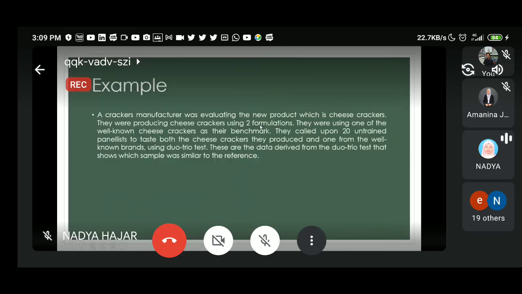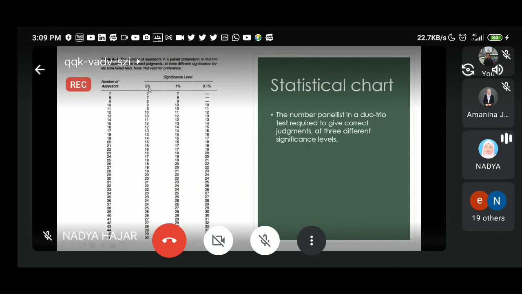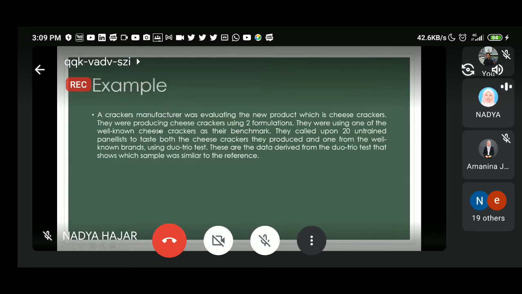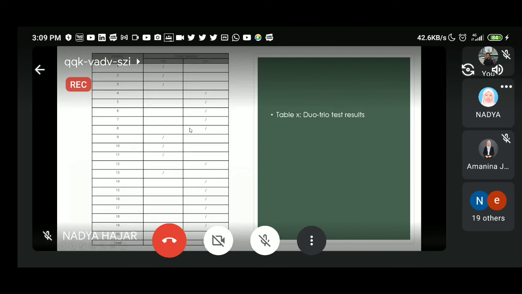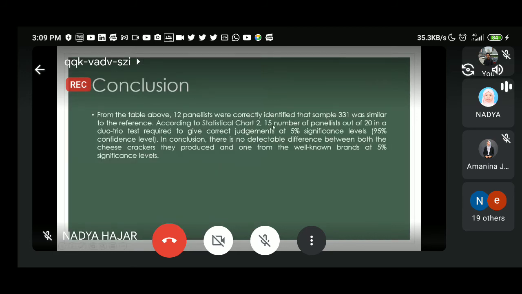Okay, according to this statistical chart, using 5%, number of assessor kita tadi berapa orang? 20. So kat sini 15. Okay, 15. So 15 number of panelists out of 20 in a duo trial test required to give correct judgments at the 5% significant levels.